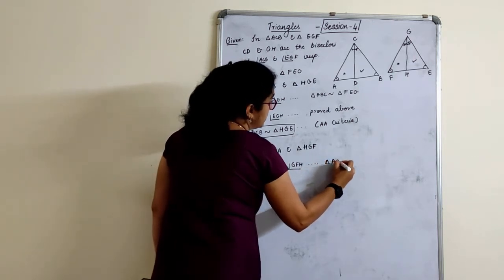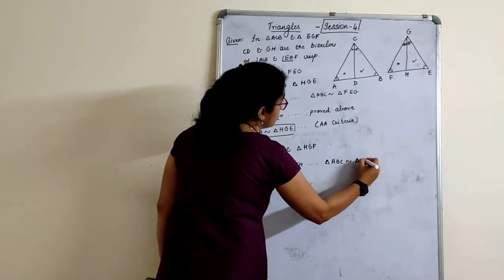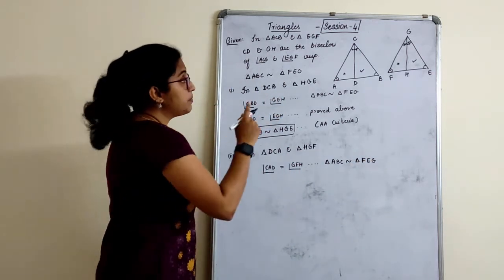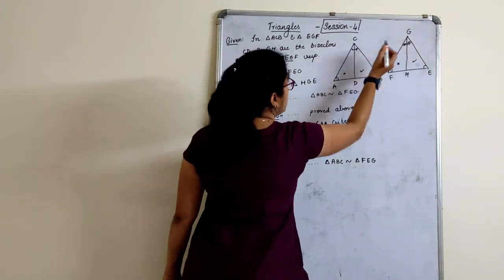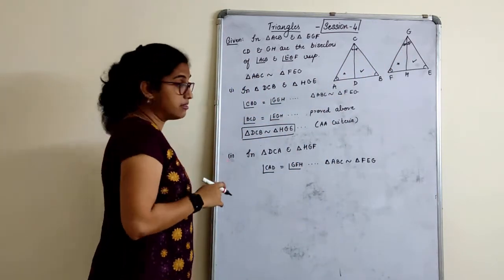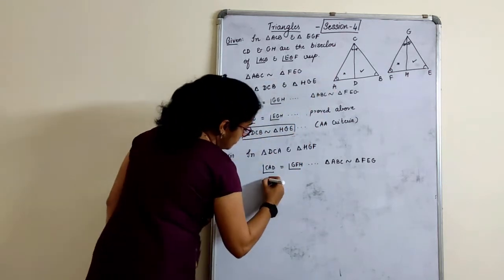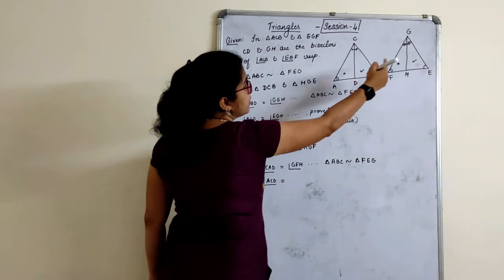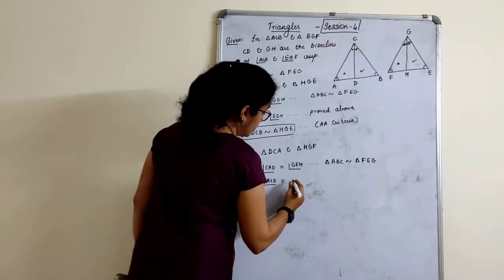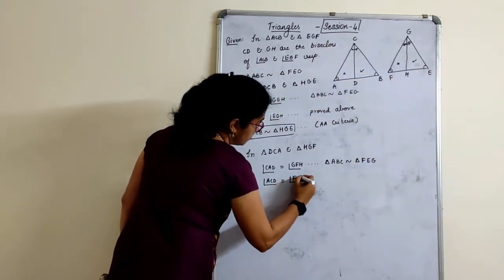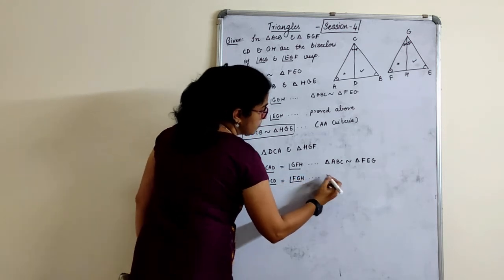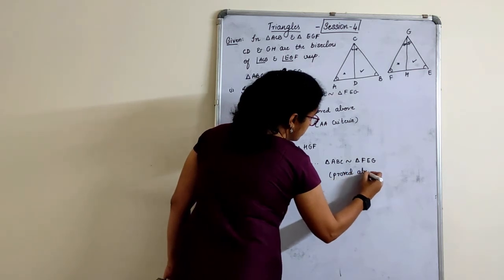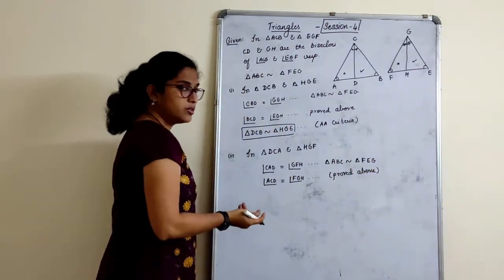Reason: triangle ABC is similar to triangle FEG. Keep this as this. Next part. Can I tell that this angle is equal to this? Proved above. Bisectors. Angle ACD is equal to angle FGH. Proved above. Okay, two angles.